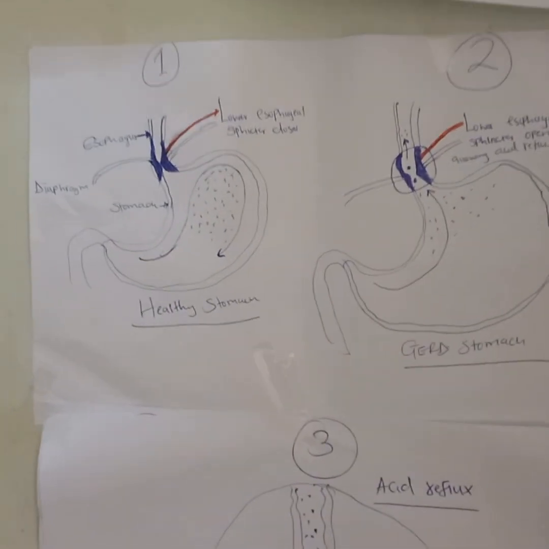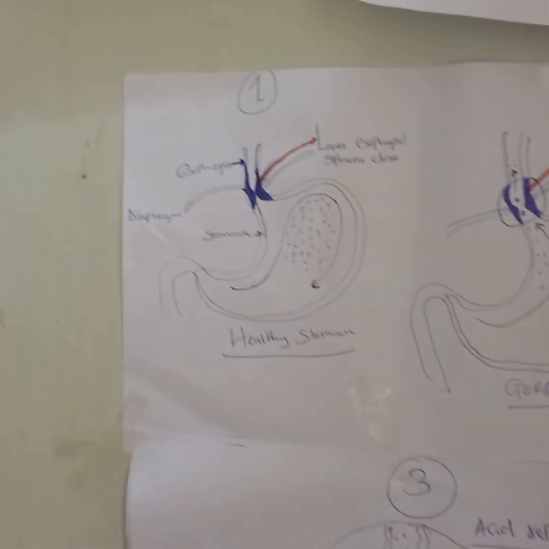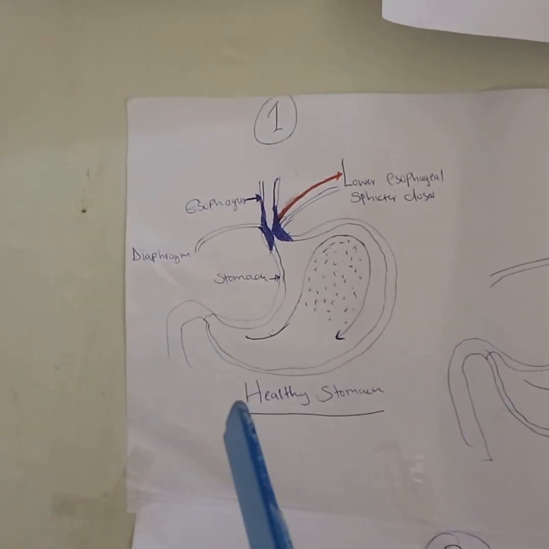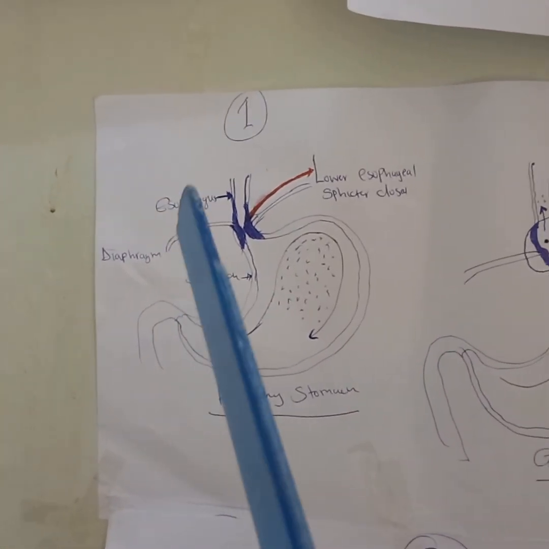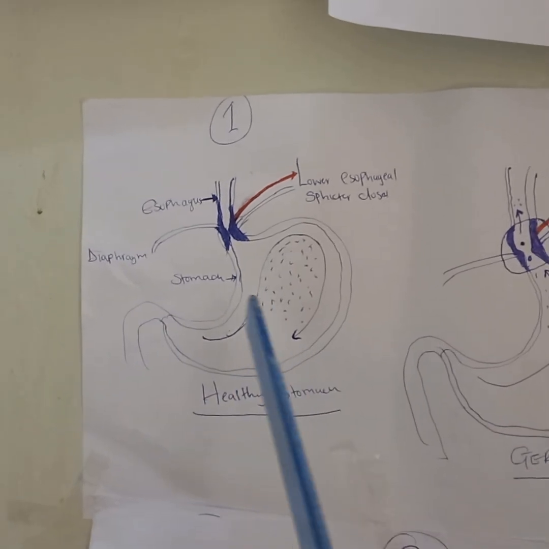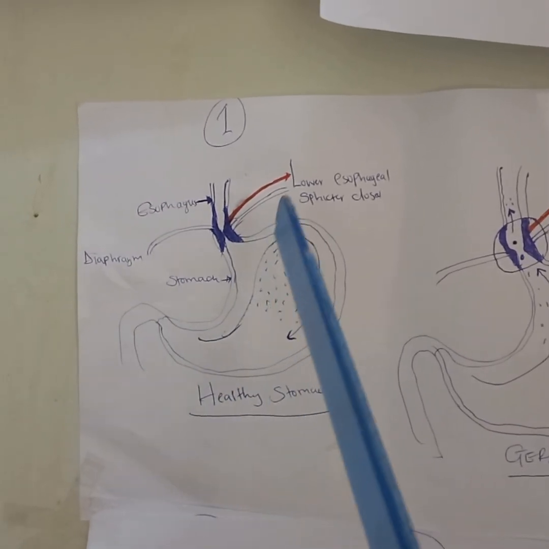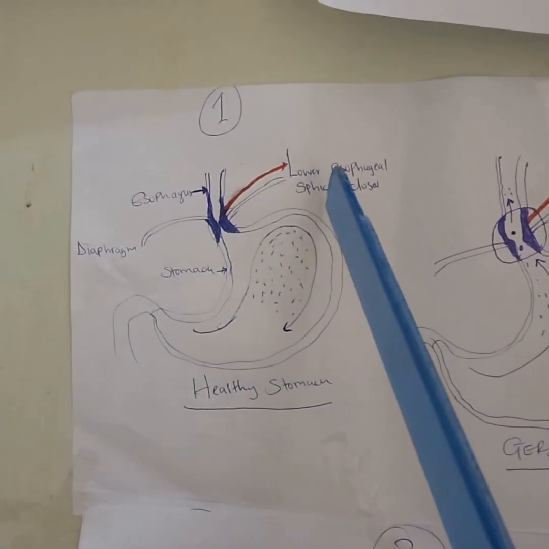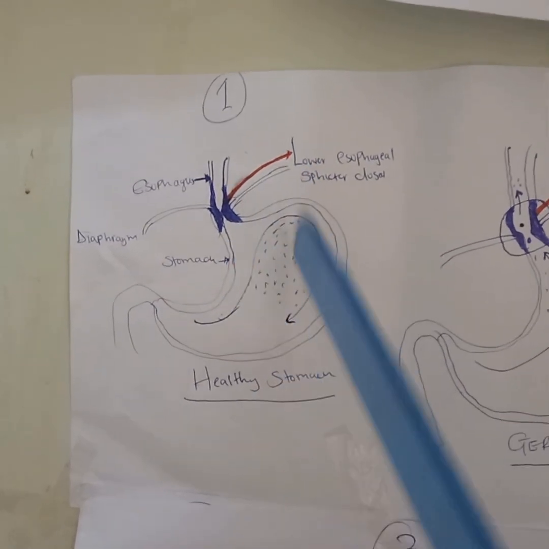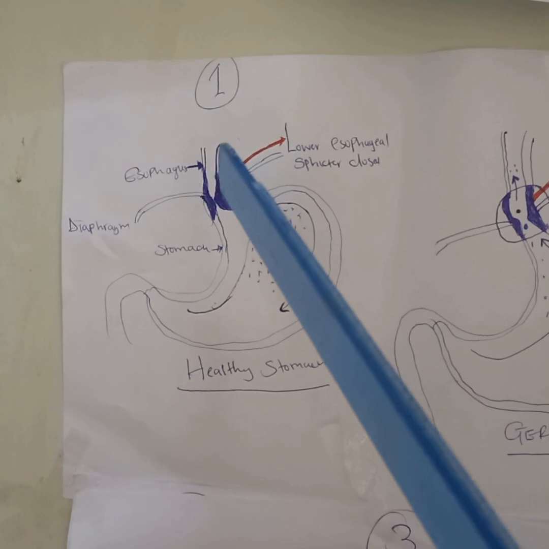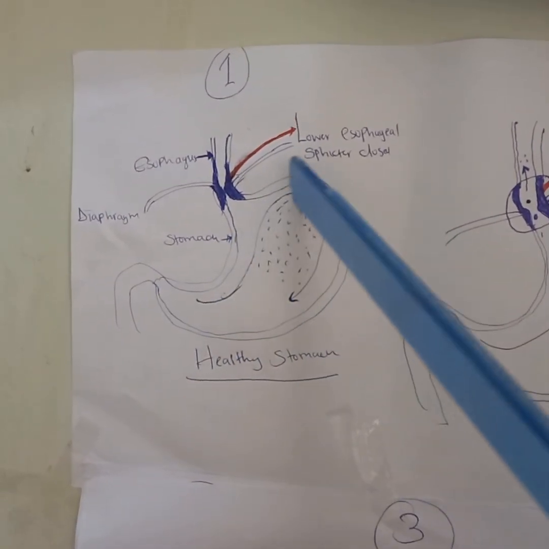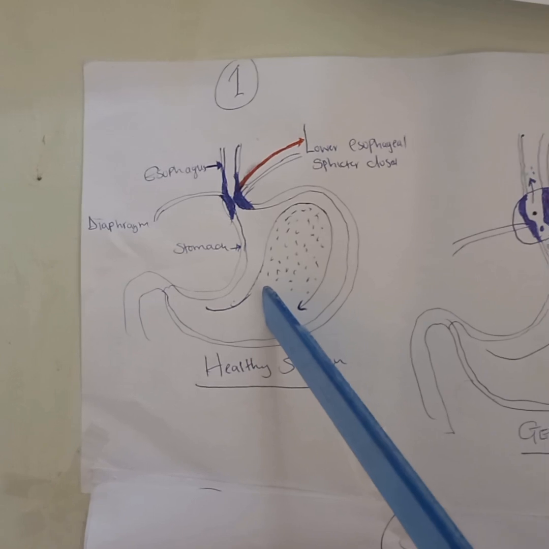I have 3 diagrams here. The first one shows a healthy stomach. Now, we have the esophagus, the diaphragm, this is the stomach, and then this is the lower sphincter muscle, which is closed. It's closed fully, if you have a look, because the stomach content is well kept in.